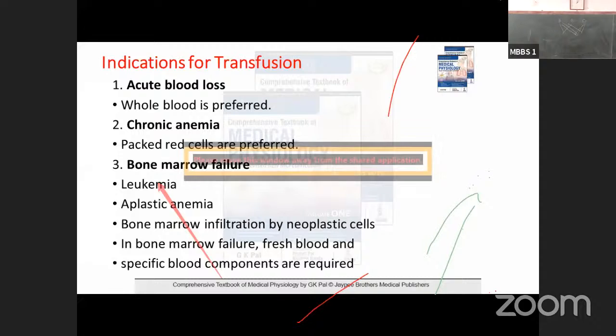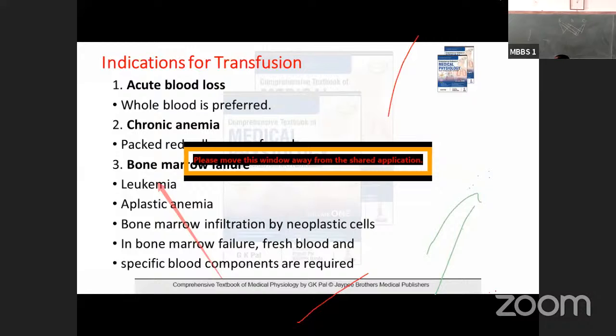Indications for blood transfusion: acute blood loss like hemorrhage or accidents, where whole blood is preferred. In chronic anemia, packed cells are given, PCVs are transfused.